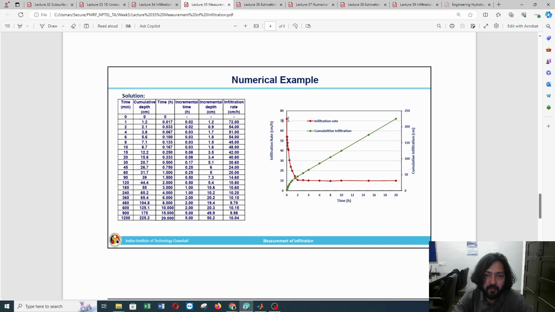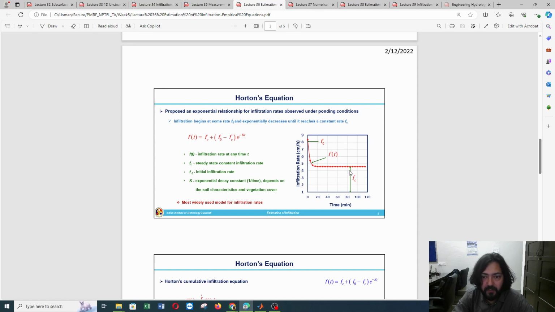This is F0, the infiltration value at the beginning. After a period of time, the infiltration rate becomes constant. The value of around 10 is nothing but the constant value, which we can call FC. So if we know F0 and FC, we can calculate infiltration rate at any given time.